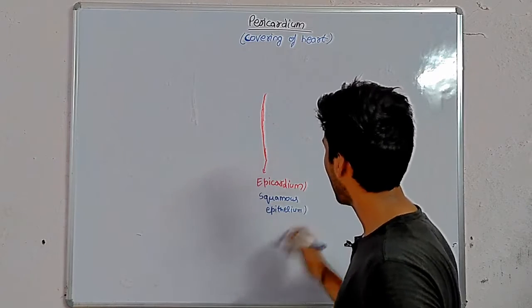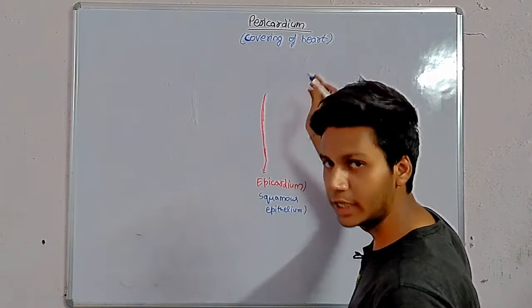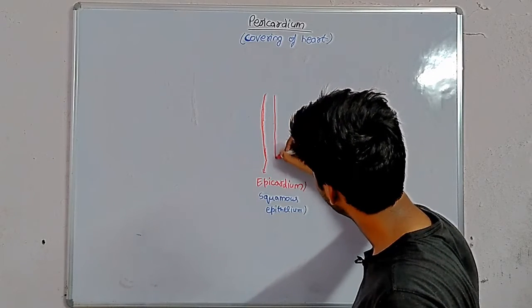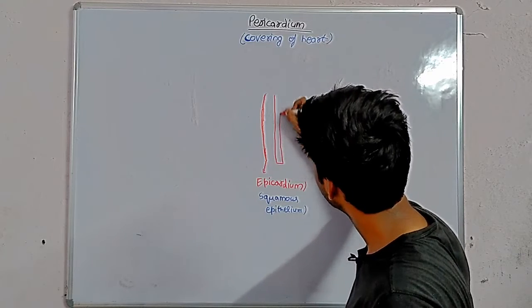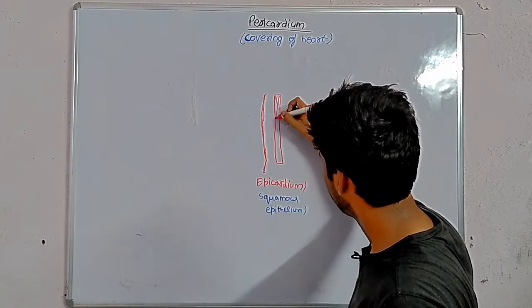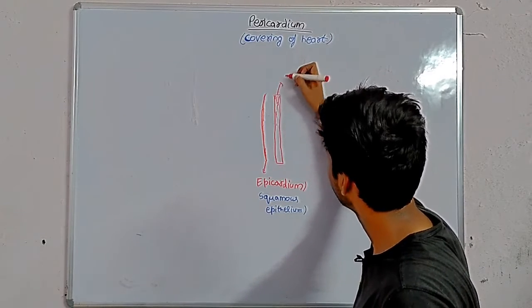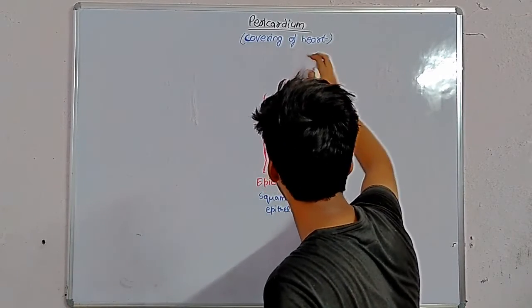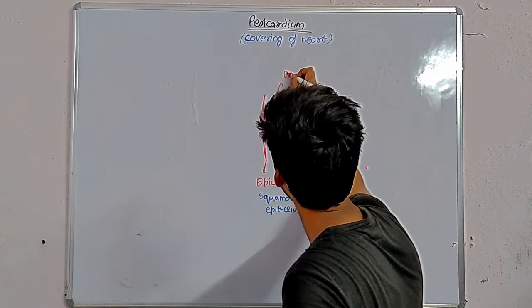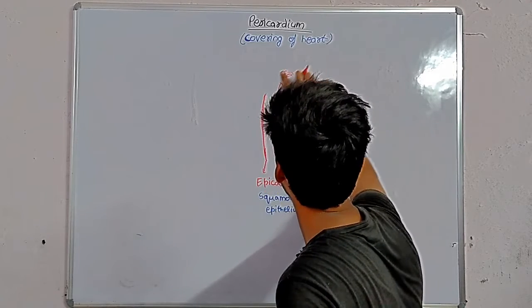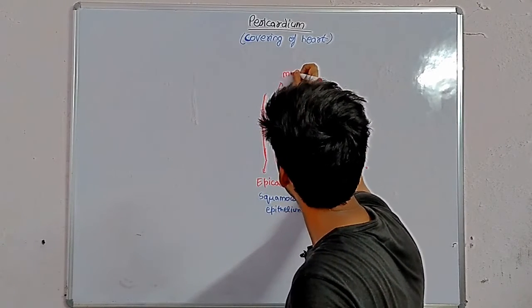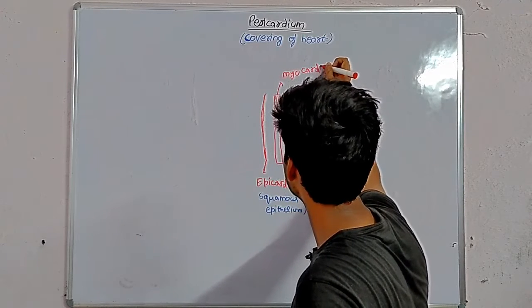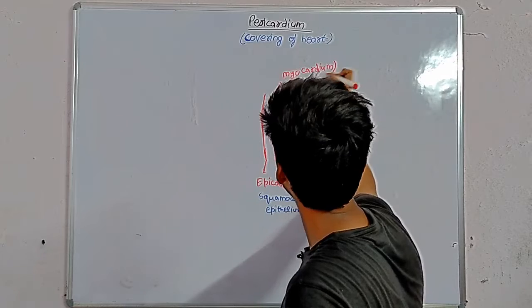Then just interior to it, the next layer is called the myocardium, which is made up of muscles, cardiac muscles mainly.